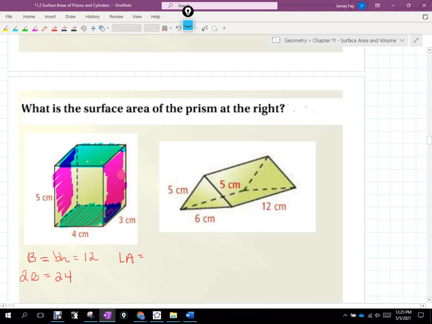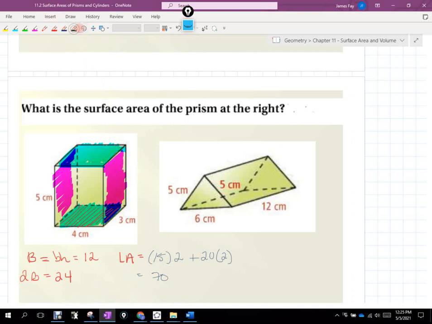So those purple ones are 3 by 5, so that gives me 15 for one, but then I'll double that. Plus then, the one closest to us would be an area of 20, but then you've got that one in the back, so you'll double that as well. So it's going to give you 30 plus 40, which would be 70, correct?